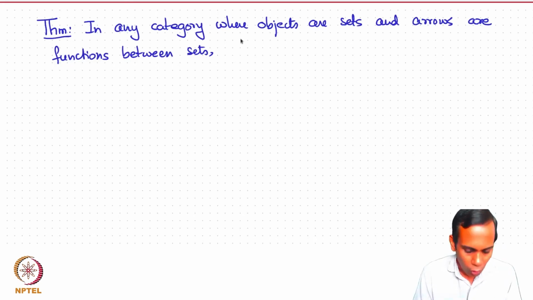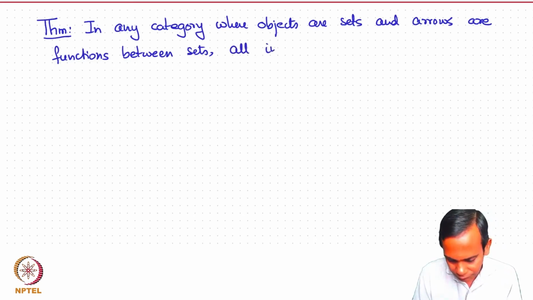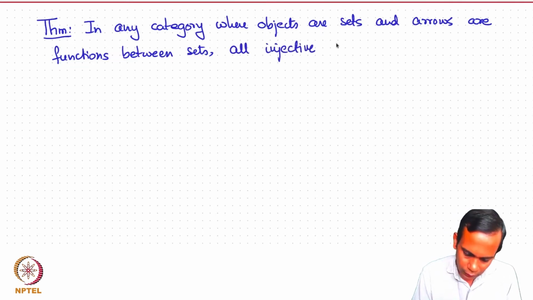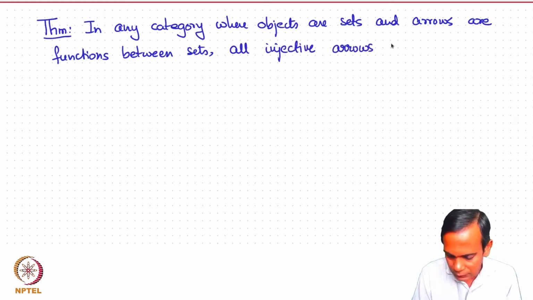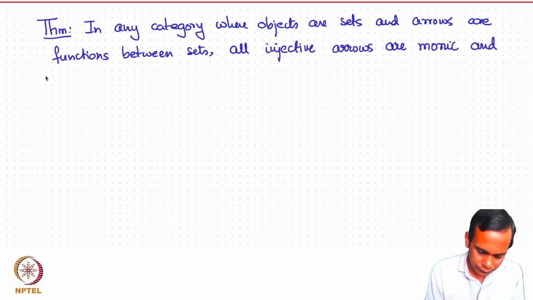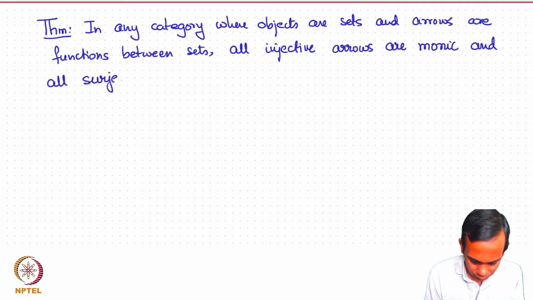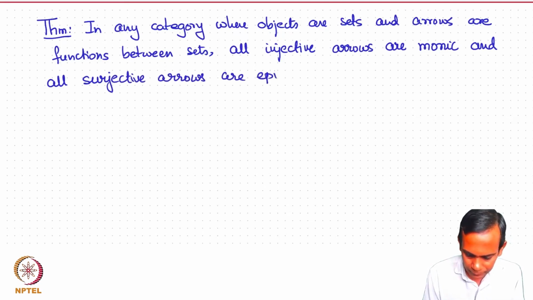All injective arrows or morphisms are monomorphisms, or monic, and all surjective arrows are epic.